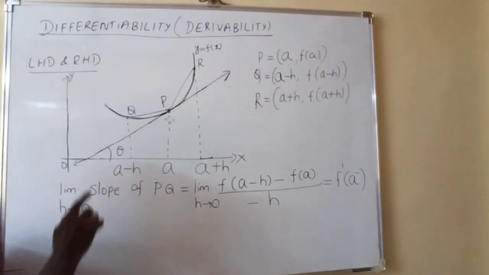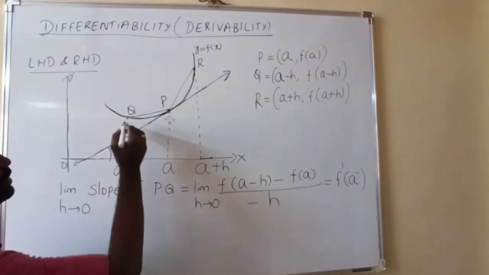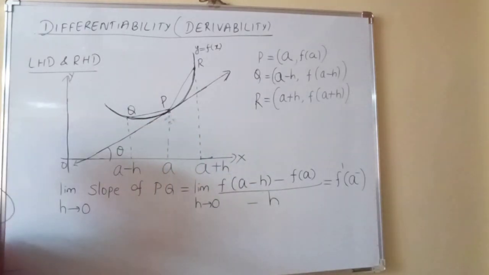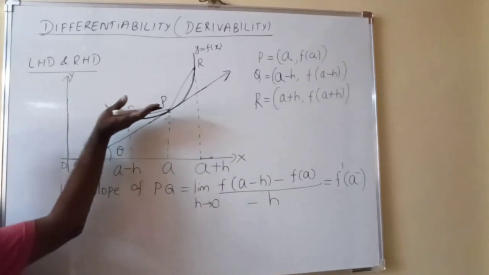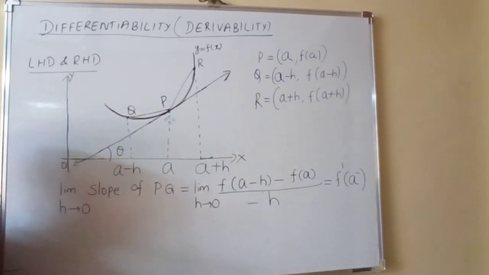So when h is tending to 0, the point Q is approaching P. Then the secant line is going close to what? The left tangent line.